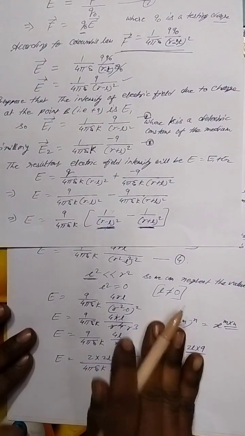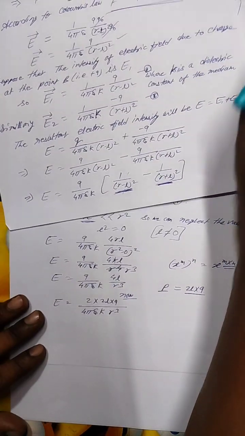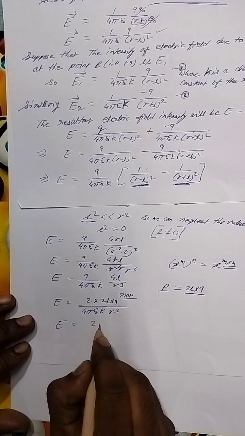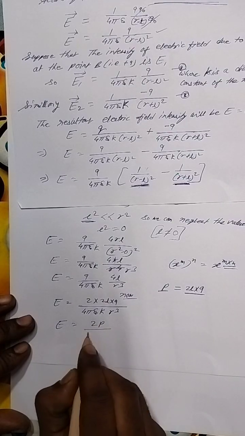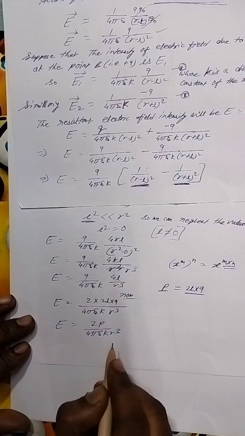Okay, now we get E is equal to 2p upon 4 pi epsilon 0 k r cube.